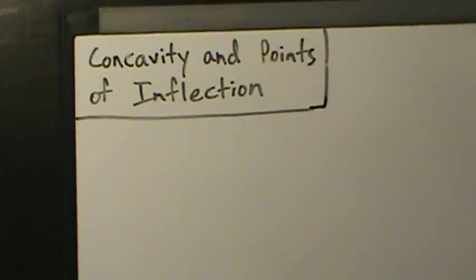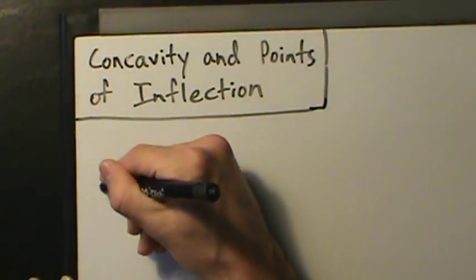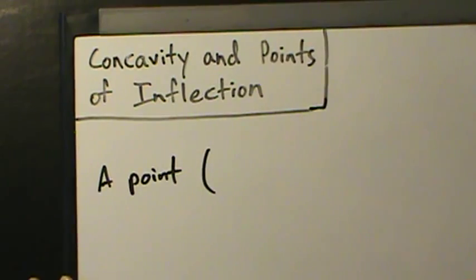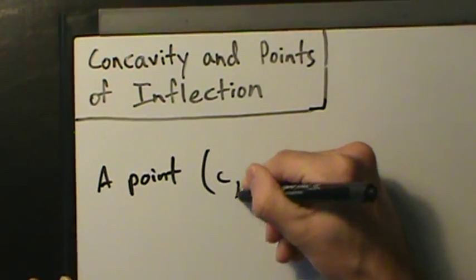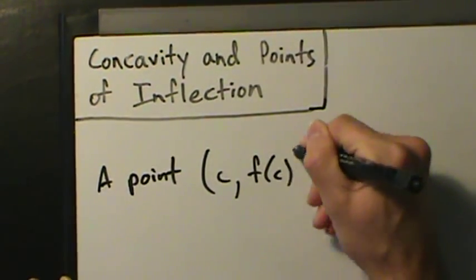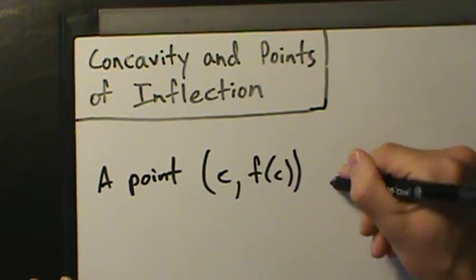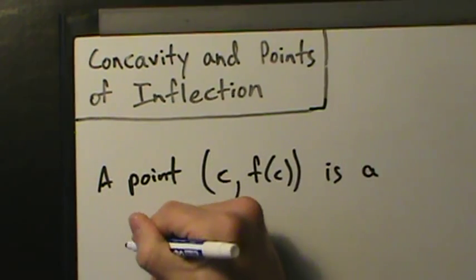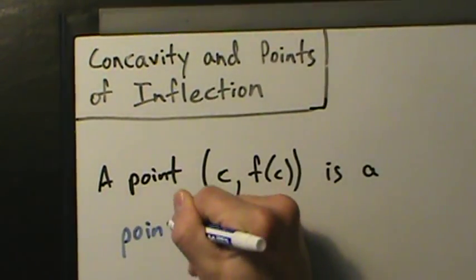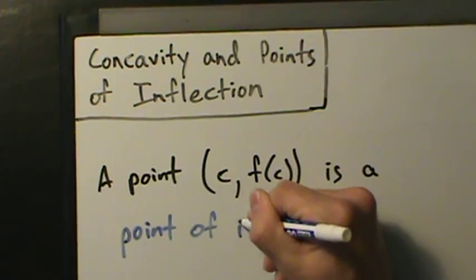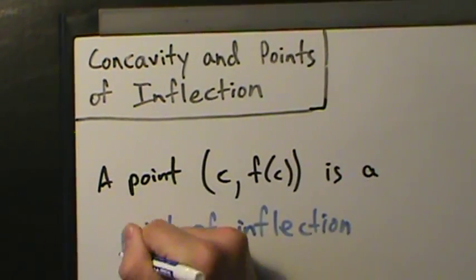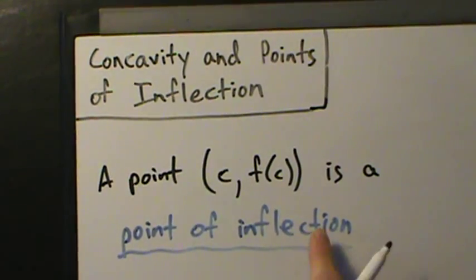So let's see. A point c, f of c is a point of inflection, or you could just say inflection point.